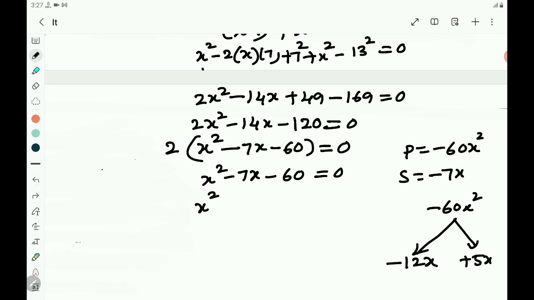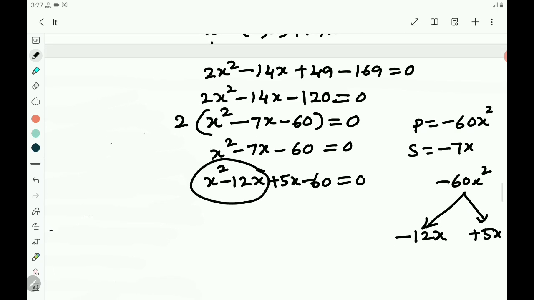So you can write x square here, and minus 7x can be written as minus 12x plus 5x, and you write minus 60 as it is equals 0.